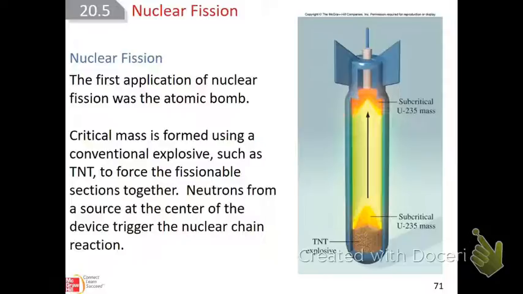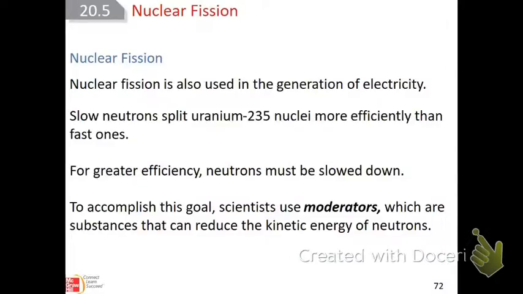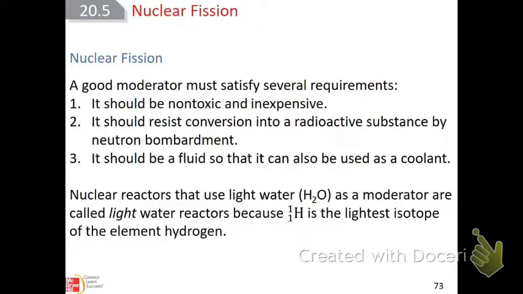Okay? And then they also use it to generate, and still do, fission. Okay? So we use rods to control the reaction, and here's some goods and bads about those modifiers.